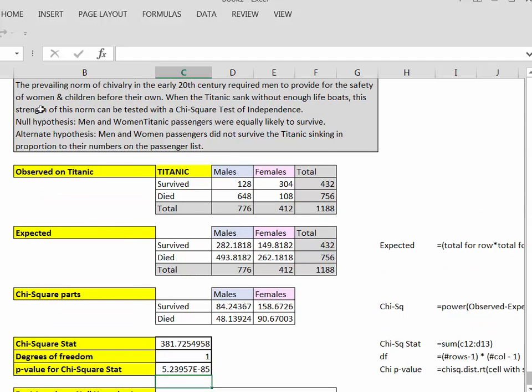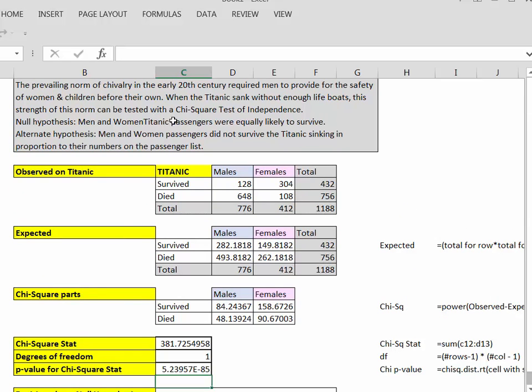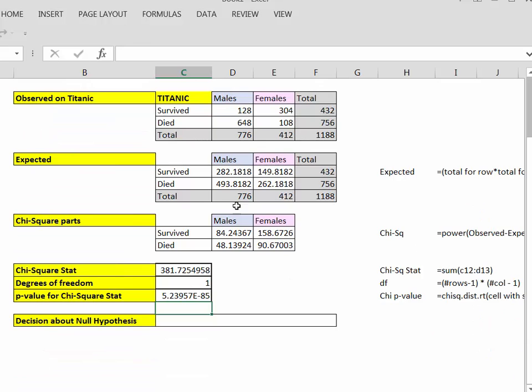So our initial question about the prevailing norm of chivalry is being shown in a very strong way here. The chances of getting this kind of result by random chance is basically impossible. So I will reject the null hypothesis and go on to accept the hypothesis that the norm of chivalry was active when the Titanic sank.